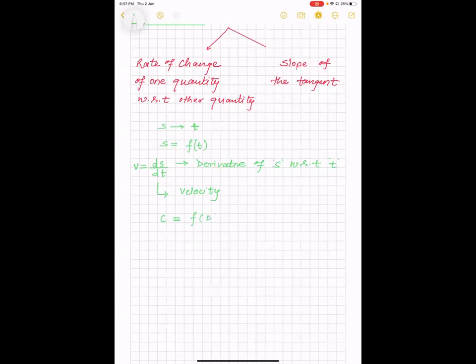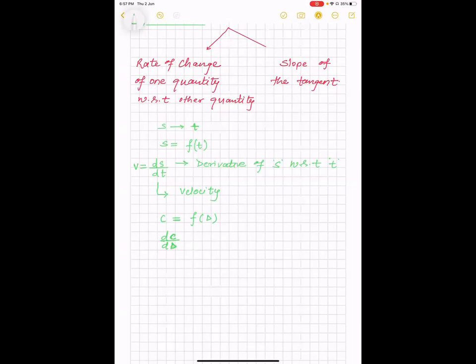If the demand is high, cost will be higher, and if demand is low, the cost will be low. So we can find dC by dD, that is rate of change of cost with respect to change in demand. So this can be another example.